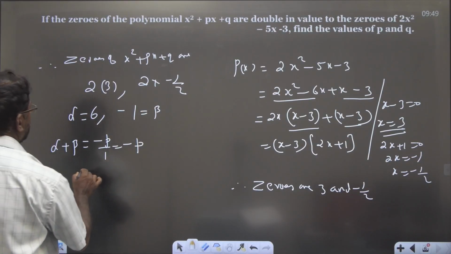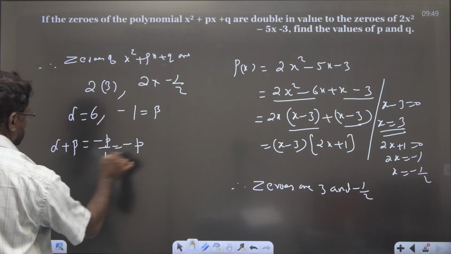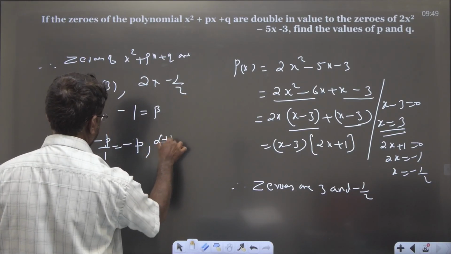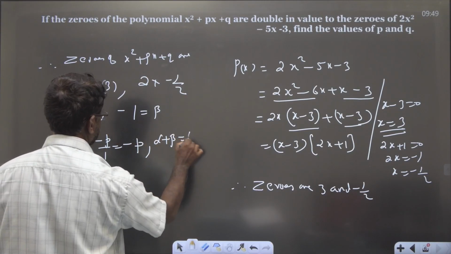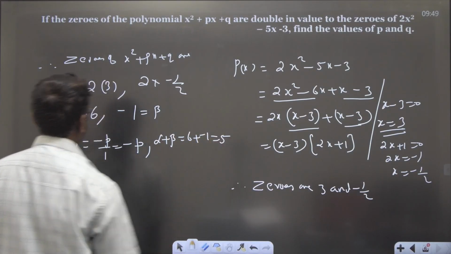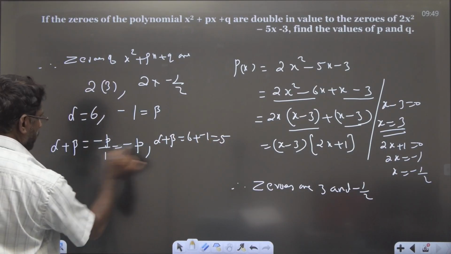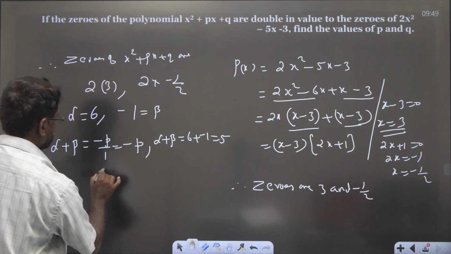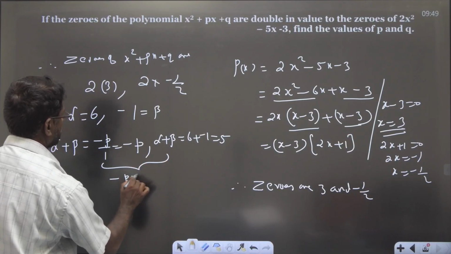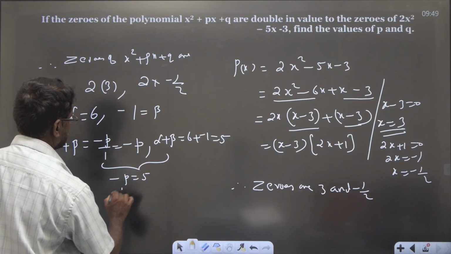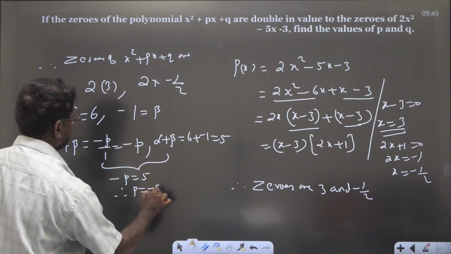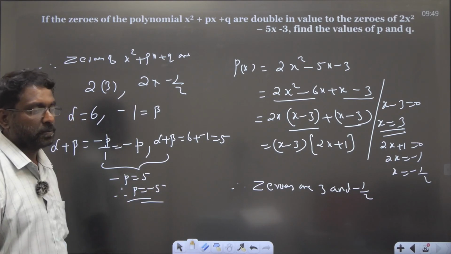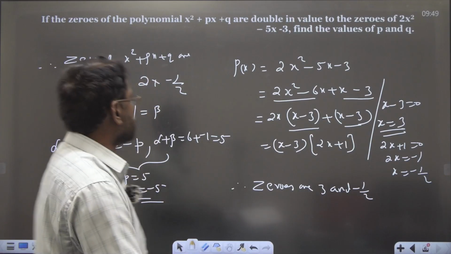From here, alpha plus beta is equal to 6 plus minus 1, that is 5. Comparing both equations, minus p is equal to 5. Therefore, p is equal to negative 5.